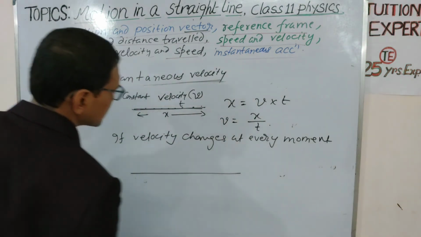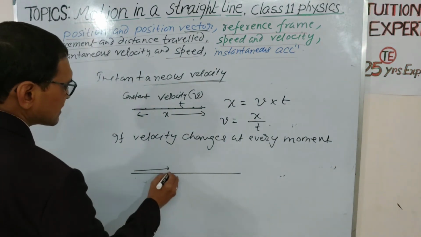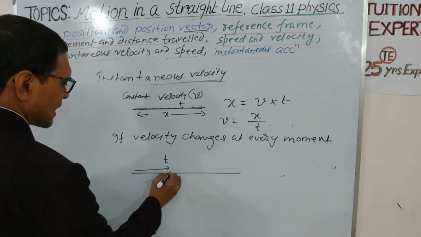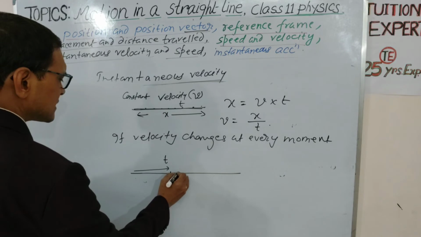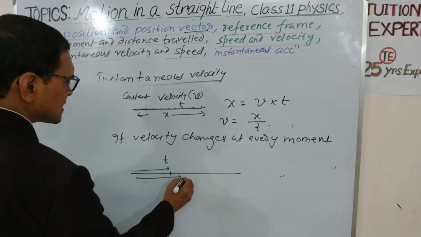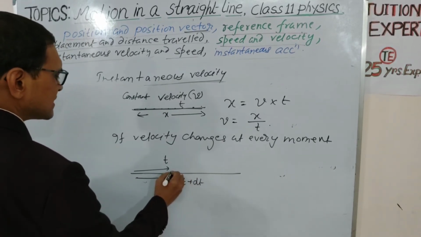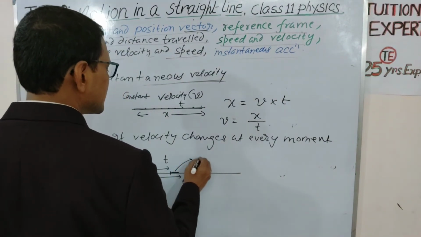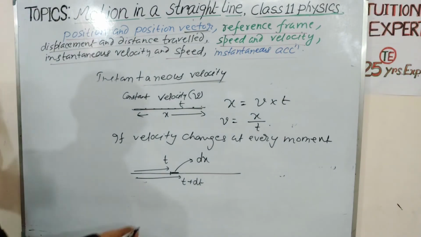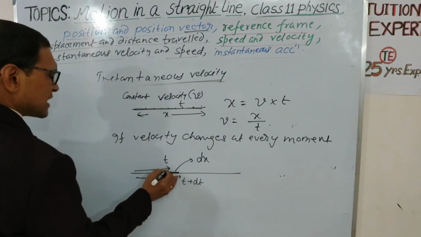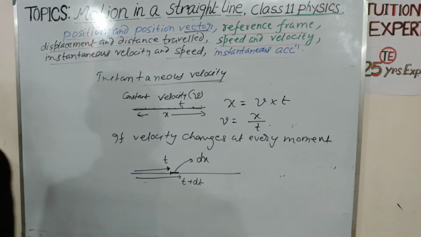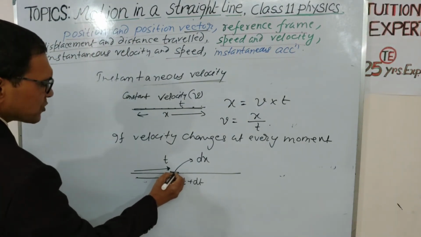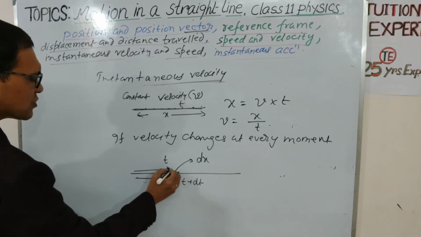Suppose the body moves in this direction, here time is t, and after a small time the time is t plus dt, and for that time the distance is dx. Now at that time t, what is the velocity? To calculate the velocity, we have to consider that for this path the velocity is constant.